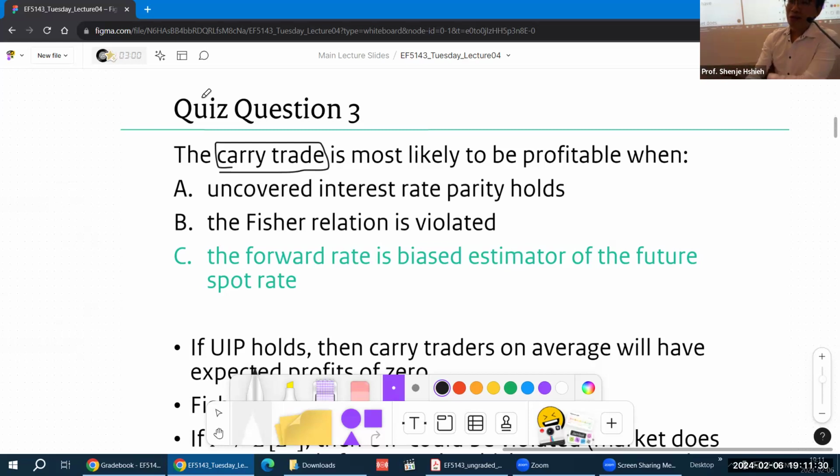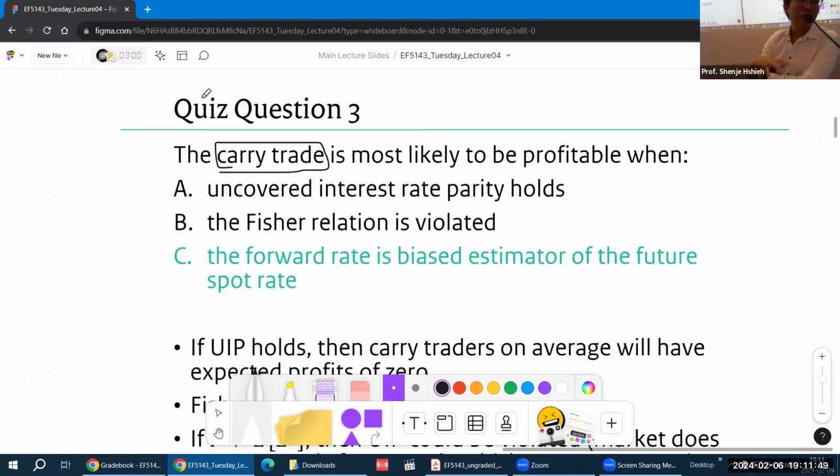a carry trade is trying to exploit interest rate differentials. They try to find countries with low interest rates, and they borrow at that interest rate, and they go long or invest in countries with high interest rates, and they're hoping that UIP doesn't close.